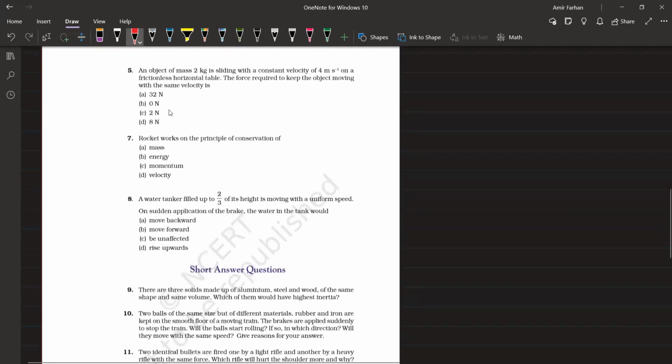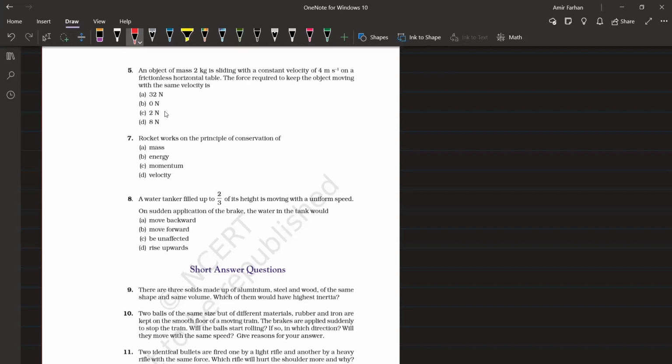And tell me the next one. Solve it and let me know the answer. Yes, Nabila and Rumaisa? 0 Newton by both.